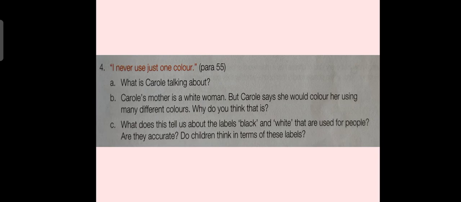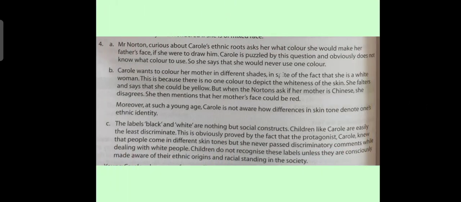Question C. What does this tell us about the labels black and white that are used for people? Are they accurate? Do children think in terms of these labels? Answer C. The labels black and white are nothing but social constructs. Children like Carol are easily the least discriminate.